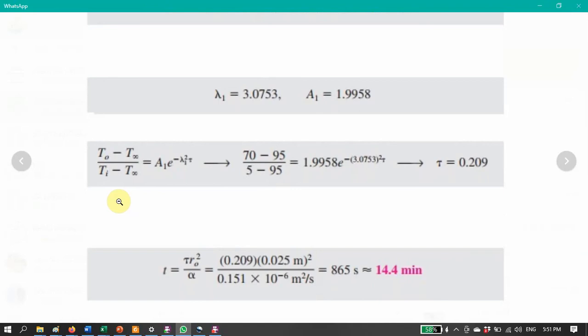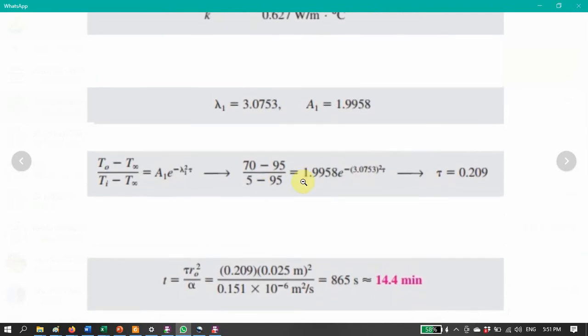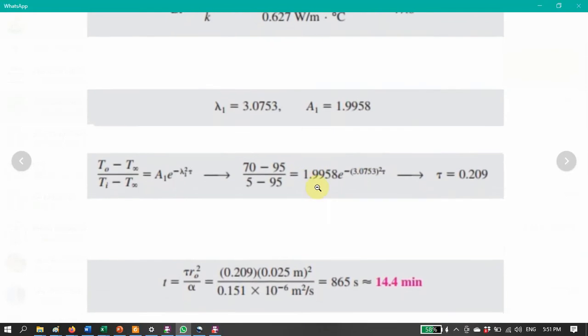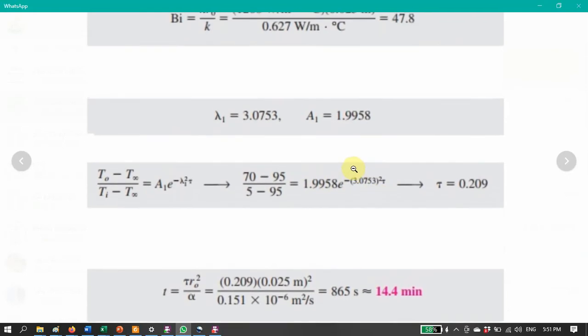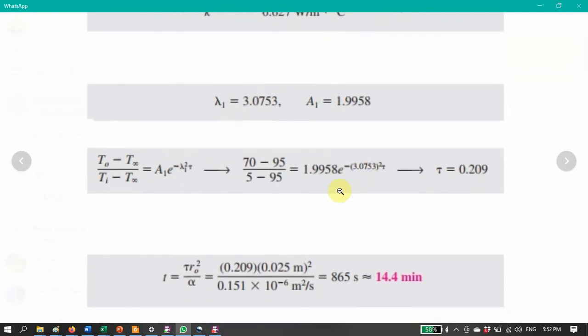So for 0.27, in the Heisler chart I'm using 0.25, and this one is about 0.27.